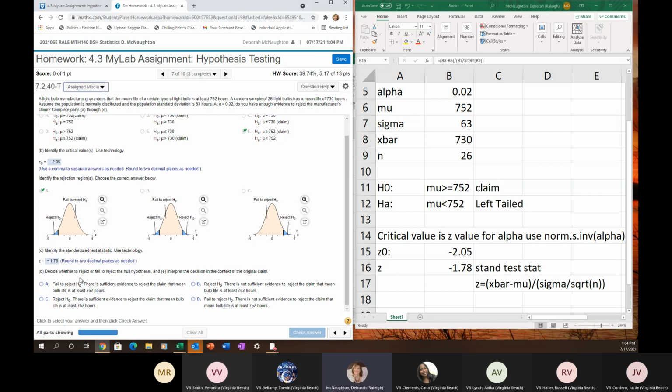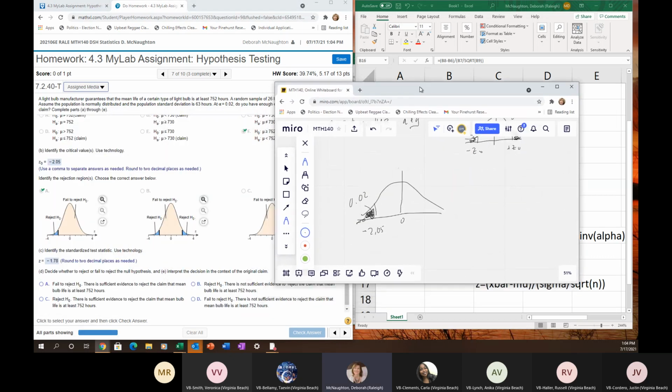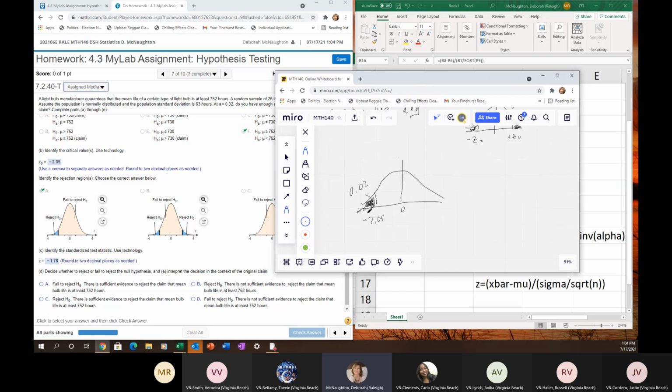Okay, and then it says decide what to do. So you can calculate the p-value, but we can also just look, and negative 1.78 is over here. It's greater than negative 1.25. I'm just going to draw a little arrow up to that. That would be negative 1.78, and this is the do not reject.